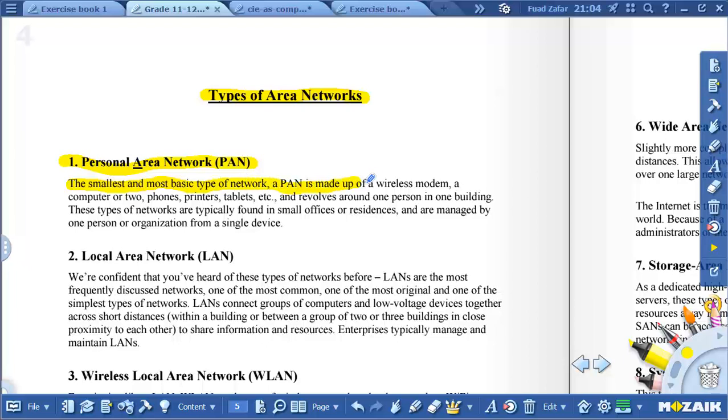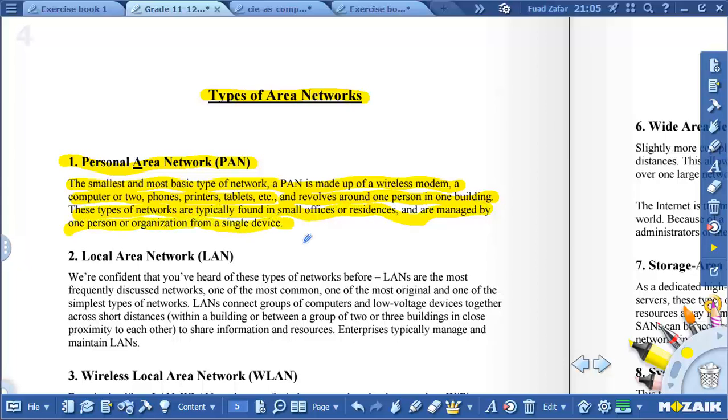A PAN is made up of a wireless modem, a computer, two phones, a printer, or tablets, etc., and revolves around one person in one building. These types of networks are typically found in small offices and residences, and are managed by one person or organization from a single device.